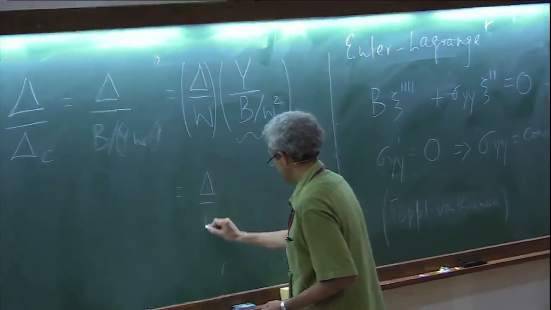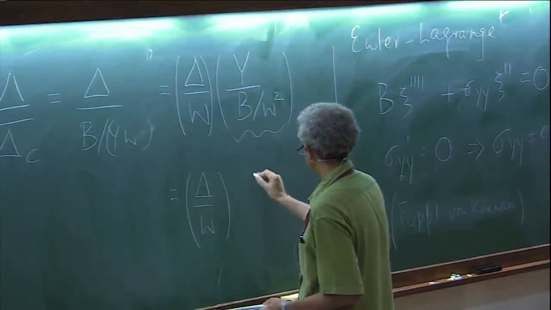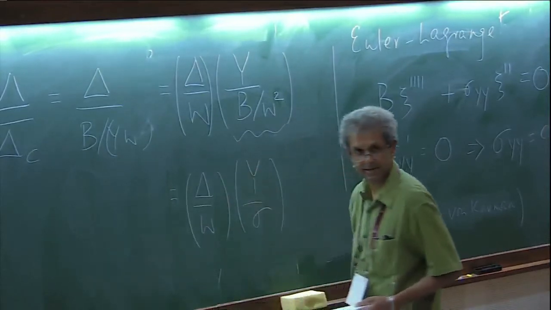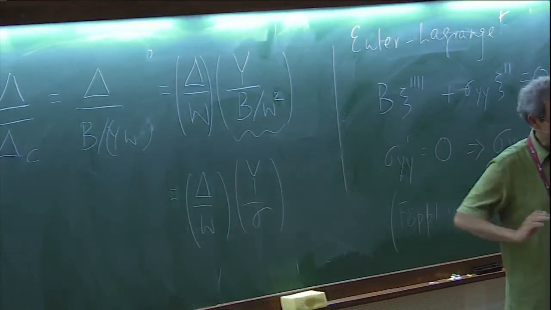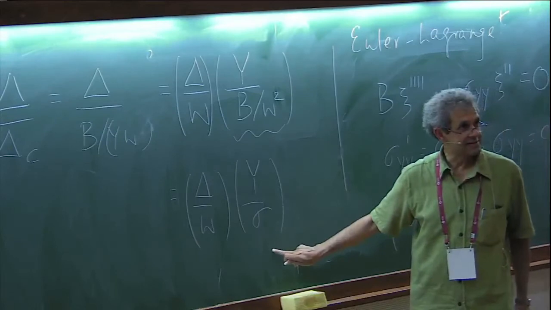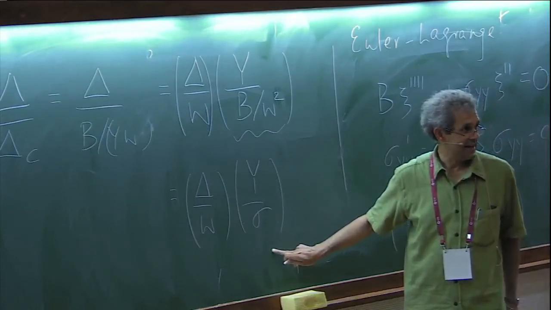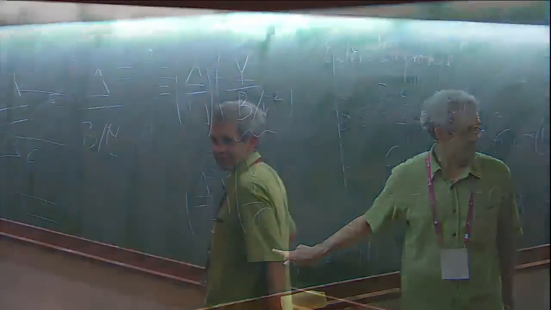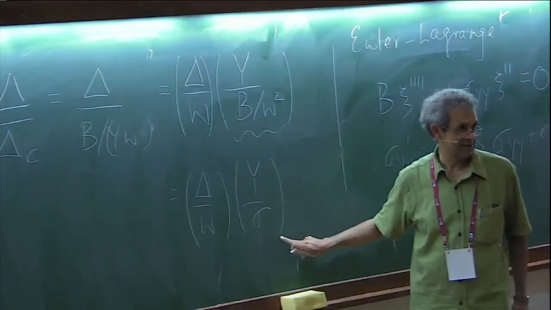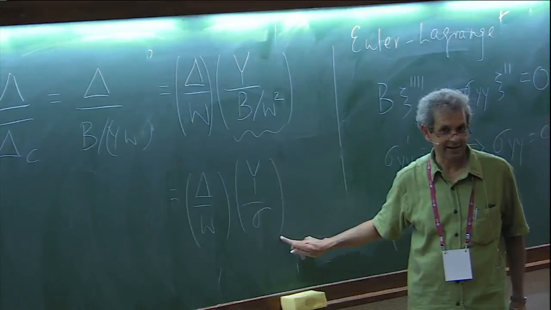This is delta over W times Y over sigma. Okay, so this is the actual compression I needed to apply. These are two different kinds of strain, and they happen to show up in this form. This one is something I do externally, and this is the forces I need to apply externally.